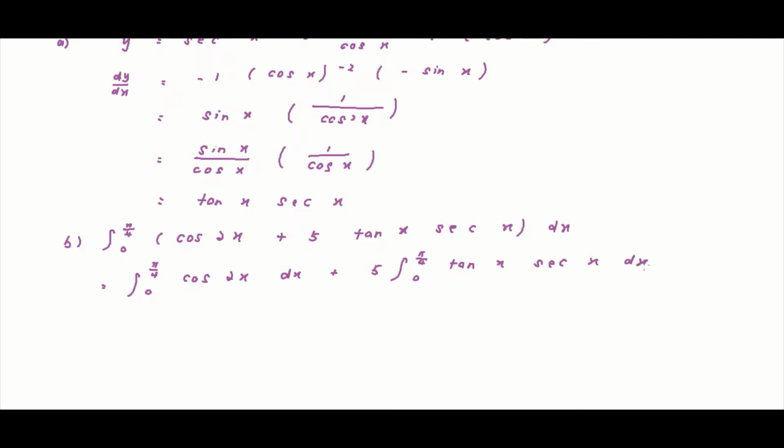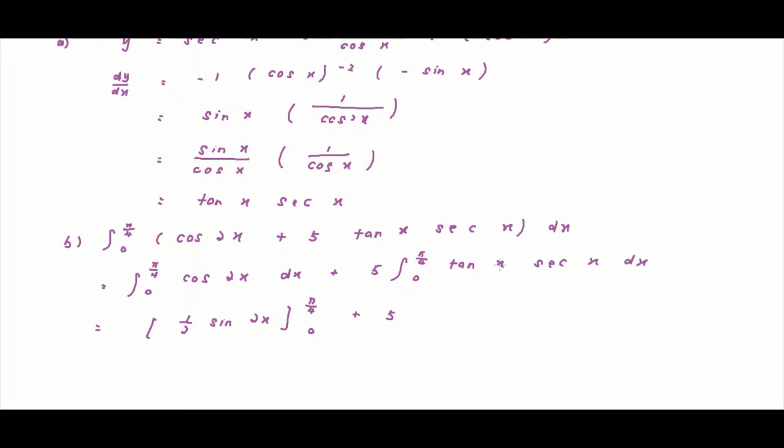Okay, so for this part, I can easily integrate it, right? So after I integrate, I have 1 over 2. So cos will become sine, then 2x. Okay, so 0 to pi over 4. So plus 5. So how about for this part? You can see that you have tangent x and secant x.